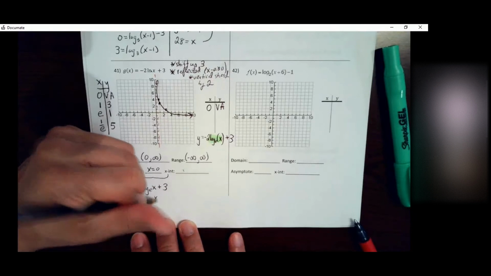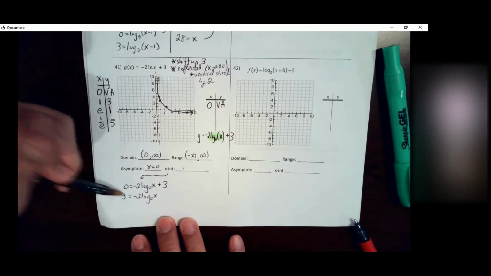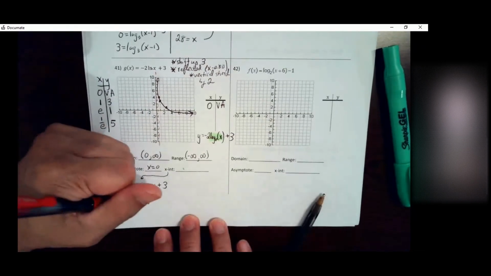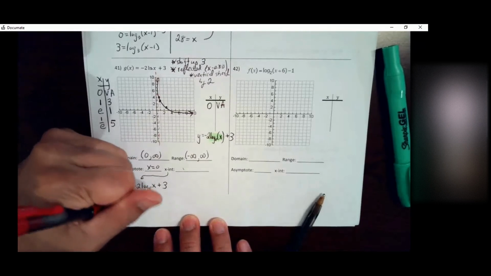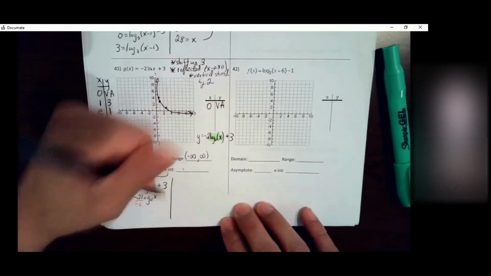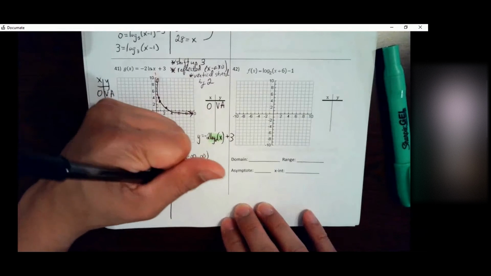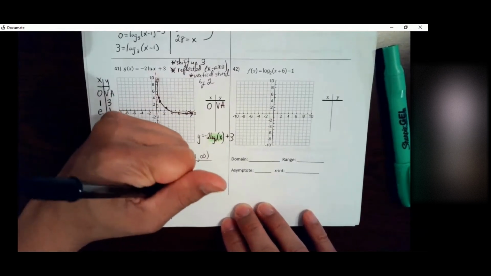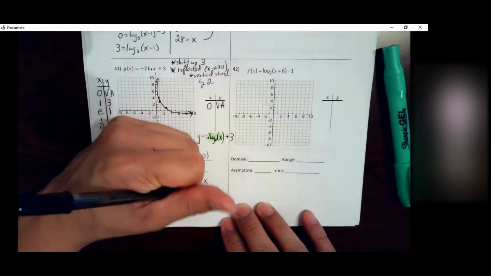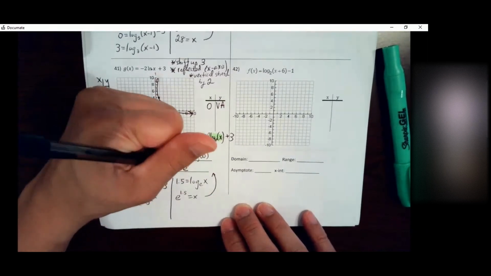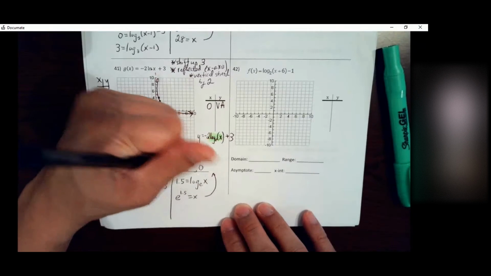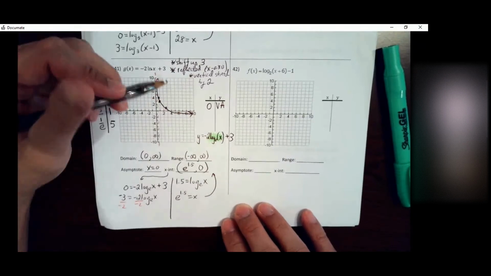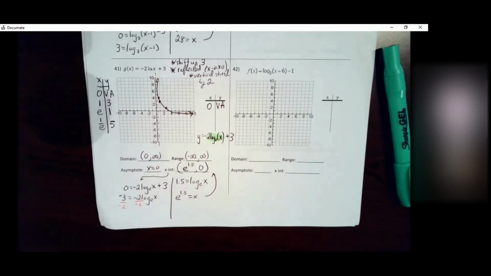Can I do -3 divided by -2? So 1.5 equals log e x. e to the 1.5 equals x. So 4.48, or e to the 1.5.